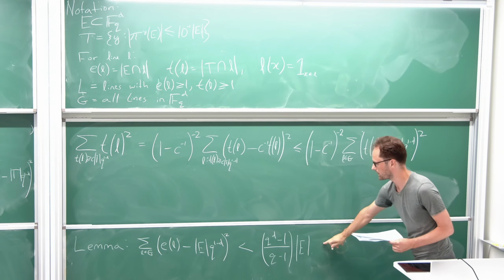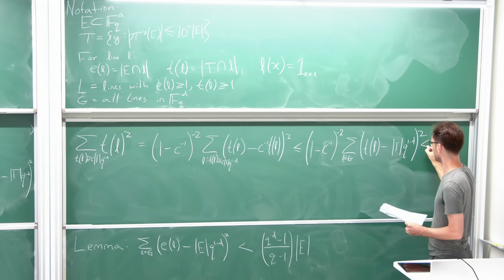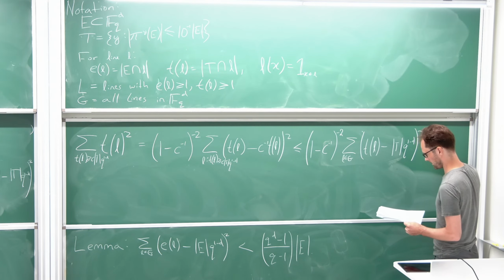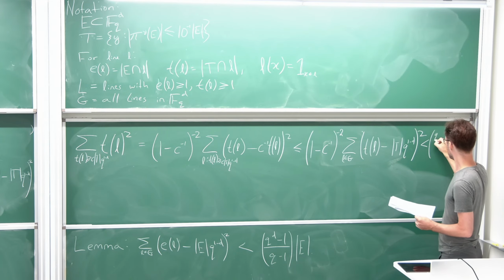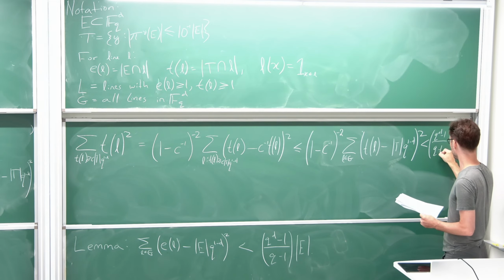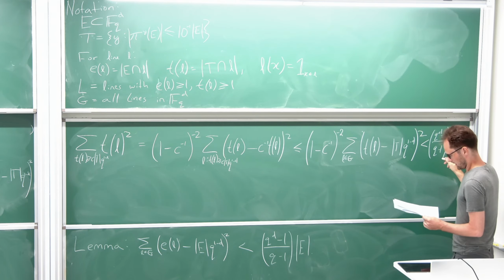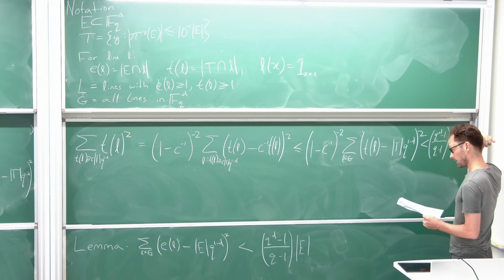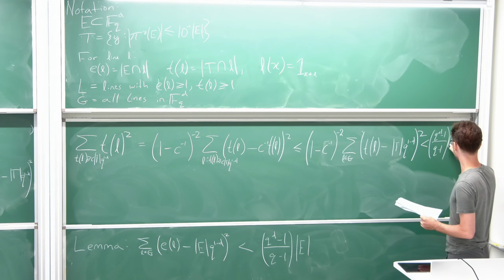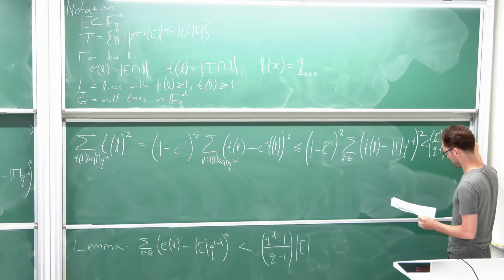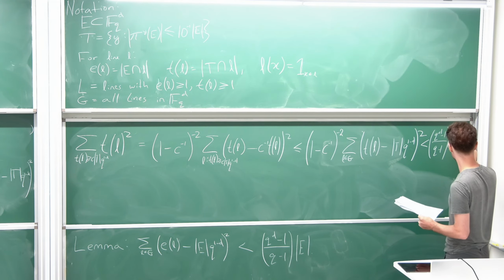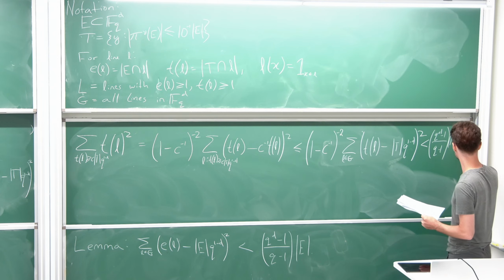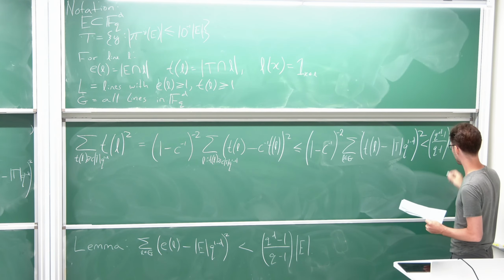And now we use this incidence bound here, and so we get q to the d minus 1 over q minus 1 times 1 minus c inverse times t. I'm sorry, I kind of ran out of space here.